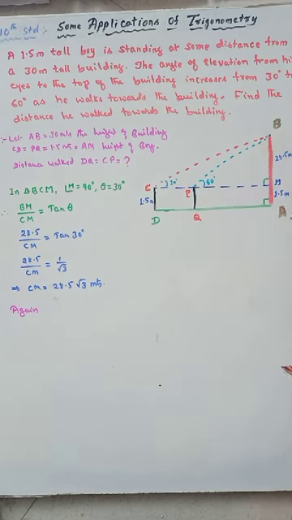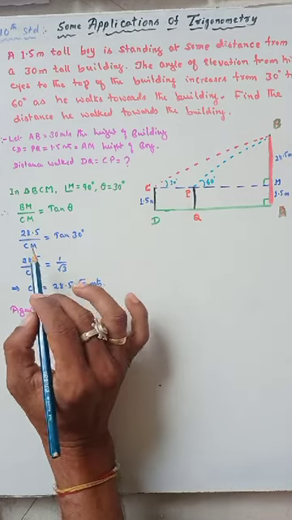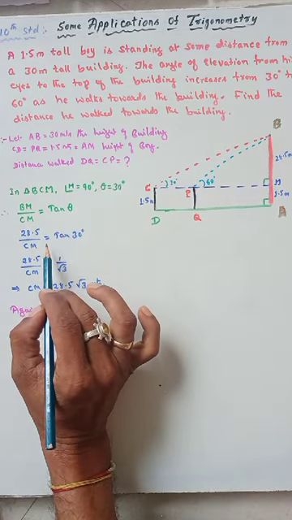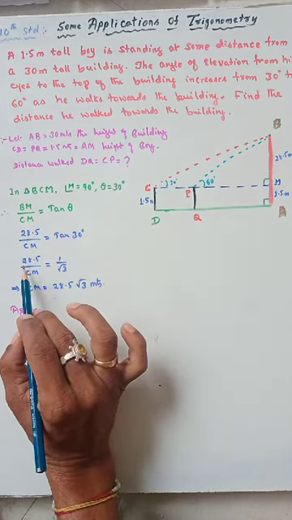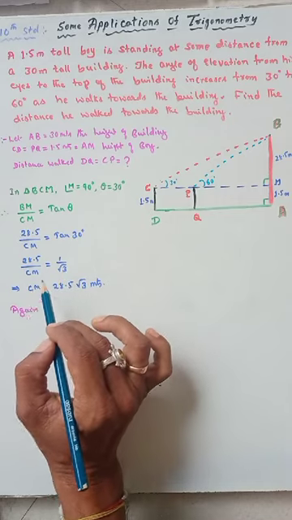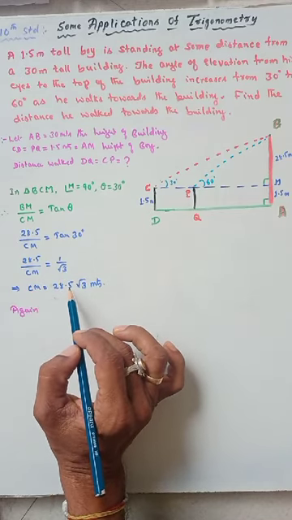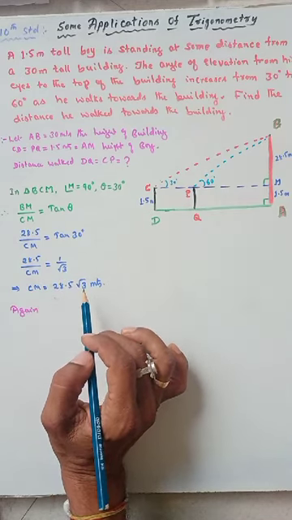BM is found to be AB minus AM, 30 minus 1.5 is 28.5. So 28.5 by CM is equal to tan 30 degree, and tan 30 value is 1 by root 3. By cross multiply you will get CM is equal to 28.5 root 3 meter.